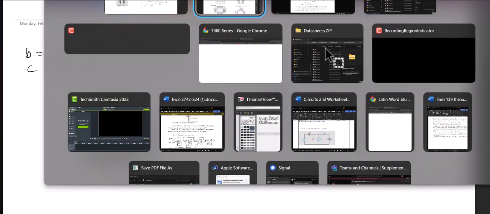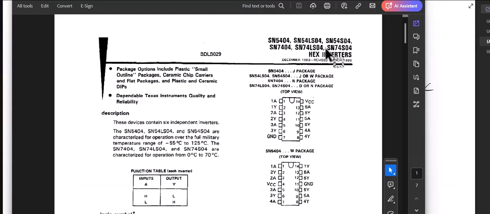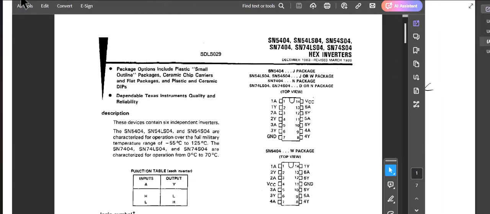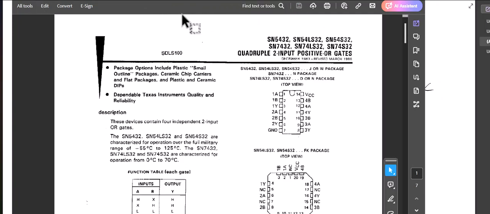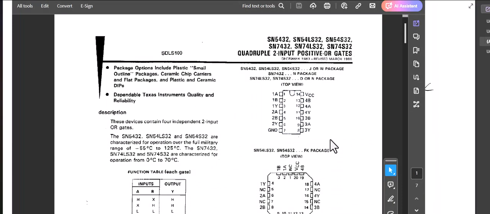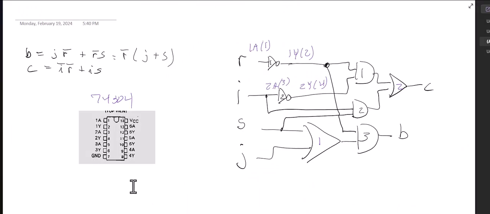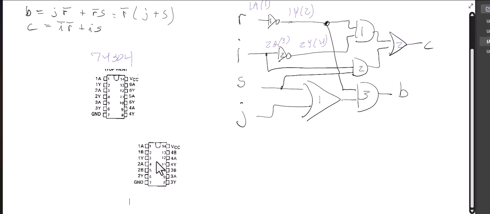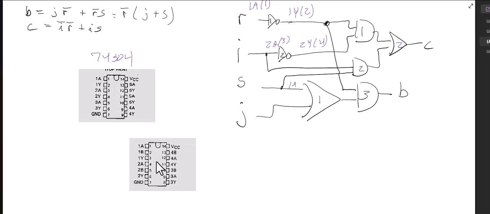So, okay, now let's get the OR gate. So the OR gate, and here it is. And so this will be 1A, 1B, and that's pin 1 and pin 2.